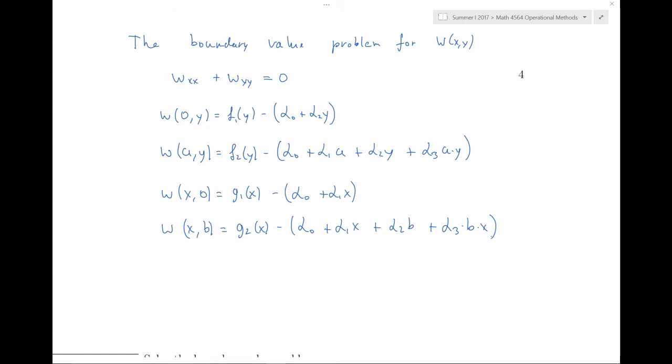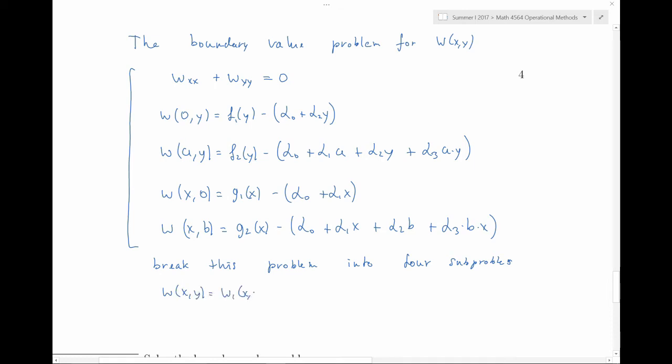To solve this boundary value problem, we break it into 4 subproblems. So write W of xy as W1 of xy plus W2 of xy plus W3 of xy plus W4 of xy.